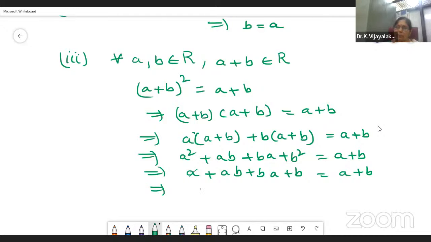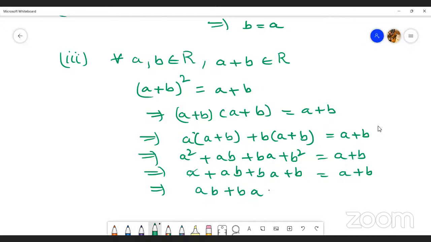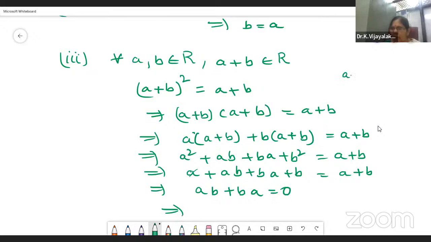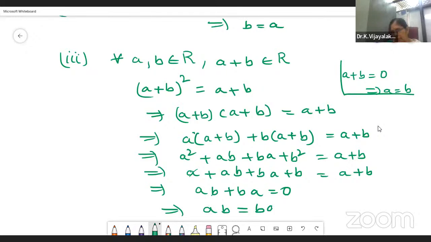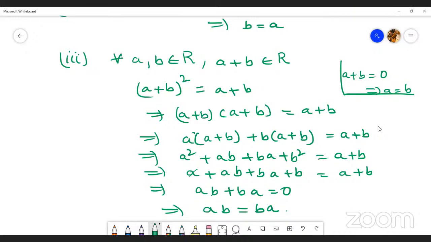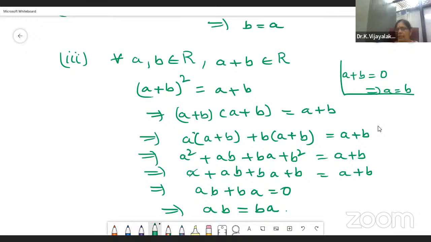If you apply them, you get AB plus BA is 0. Now, we just proved that in a Boolean ring A plus B equal to 0 implies A equal to B. Therefore, AB plus BA equal to 0 implies AB equals BA. So what do you mean? A Boolean ring is always a commutative ring.